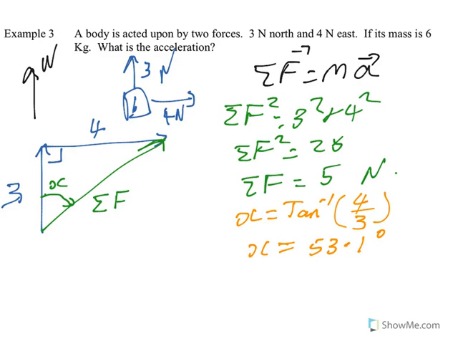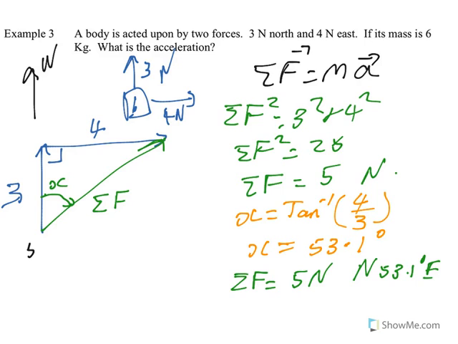So the net force, the sum of the forces, is 5 Newton north, 53.1 degrees towards the east, which is all very nice. Now, how does that relate to the acceleration? We know that the sum of the forces is the mass times acceleration.